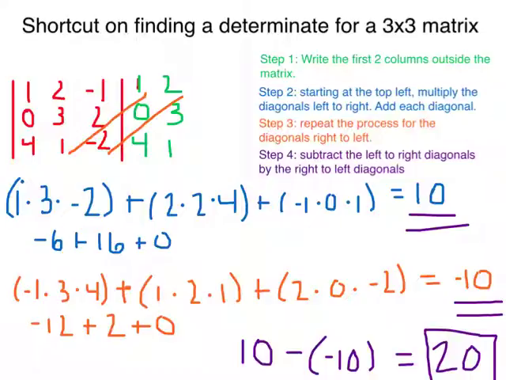In order to find the determinant of a matrix, it does need to be a square matrix, so just keep that in mind. And having the determinants is useful in a process called Cramer's rule, which I will show you on another video.